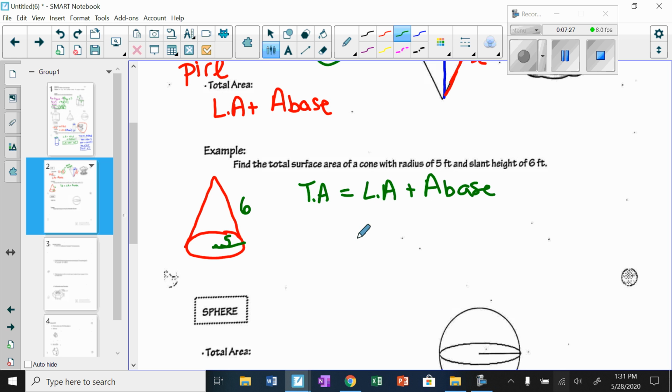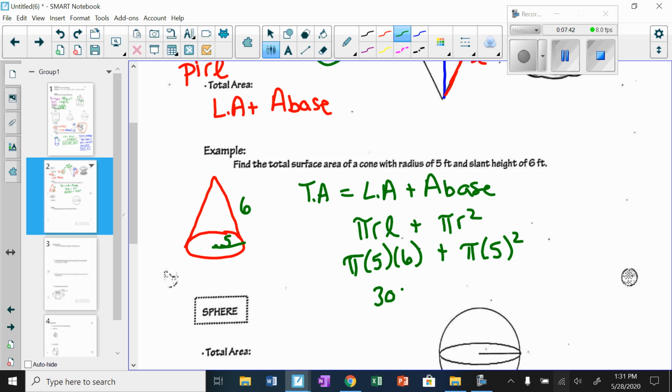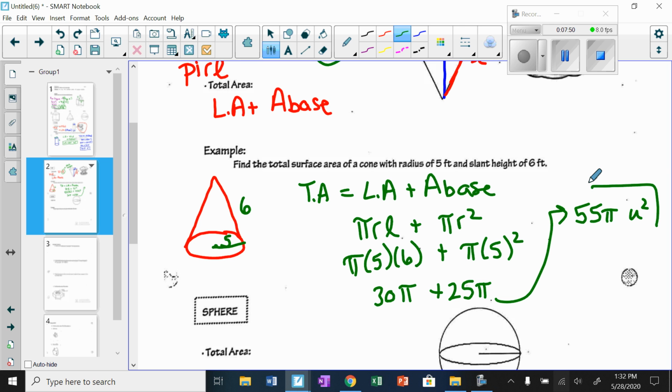The lateral area is pi r l, plus pi r squared. So we're pi, our radius is 5, our slant height is 6, plus pi 5 squared. So we are 30 pi plus 25 pi, which is going to give us 55 pi units squared. Oh, not units, feet squared. There we go.